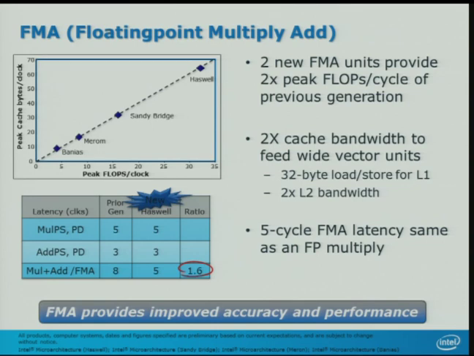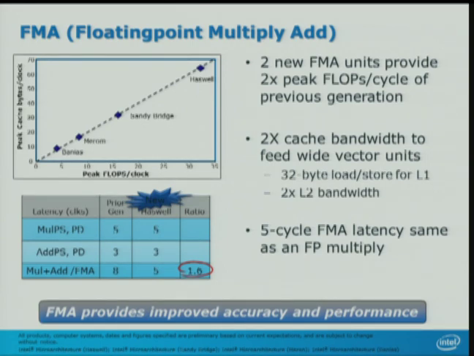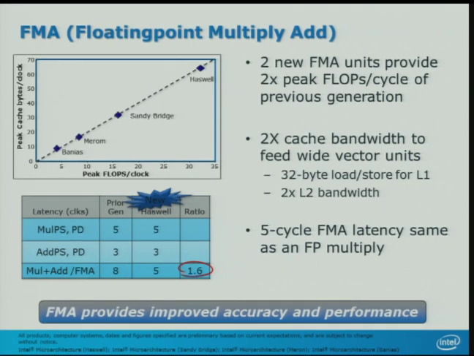The other thing that we did that I thought was really nice was that the latency for doing an FMA operation, floating point multiply add, went from 8 cycles, if you did it with 2 instructions in the previous generations, to 5. So our FMA latency is the same as the latency of the multiply in the previous generation. So not only did your compute performance for workloads that can use FMA go up by 2x, we also made the latency when you're doing aggregations, scaling aggregations, and so on, go down by 1.6x.